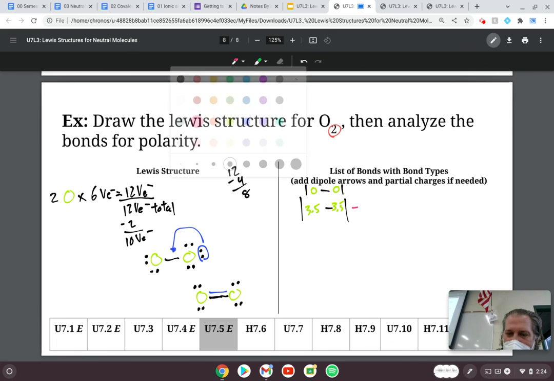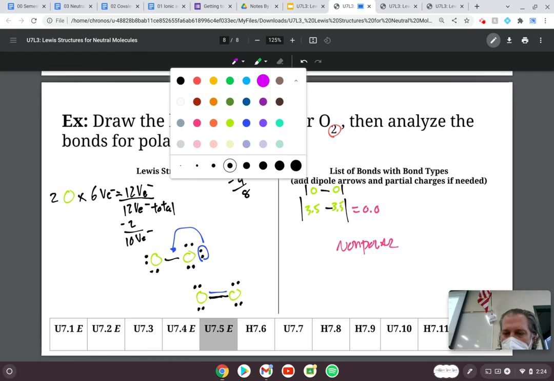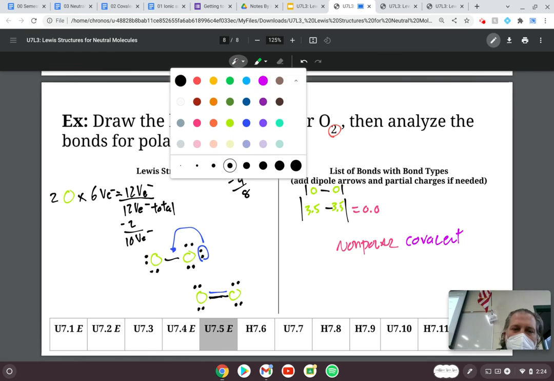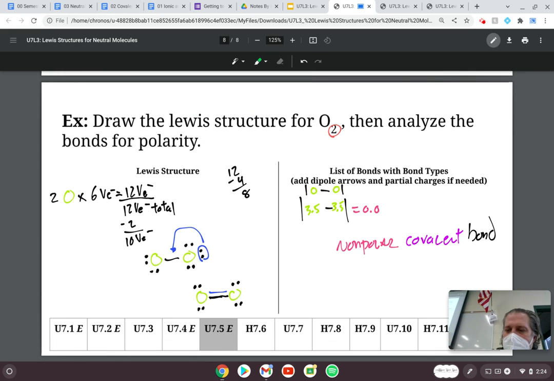And when I calculate that out, I get 0.0, which tells me that it is a nonpolar covalent bond. So what that means is that I don't have to draw an arrow because the electrons are being shared equally. And that wraps up basic Lewis structures for neutral molecules.